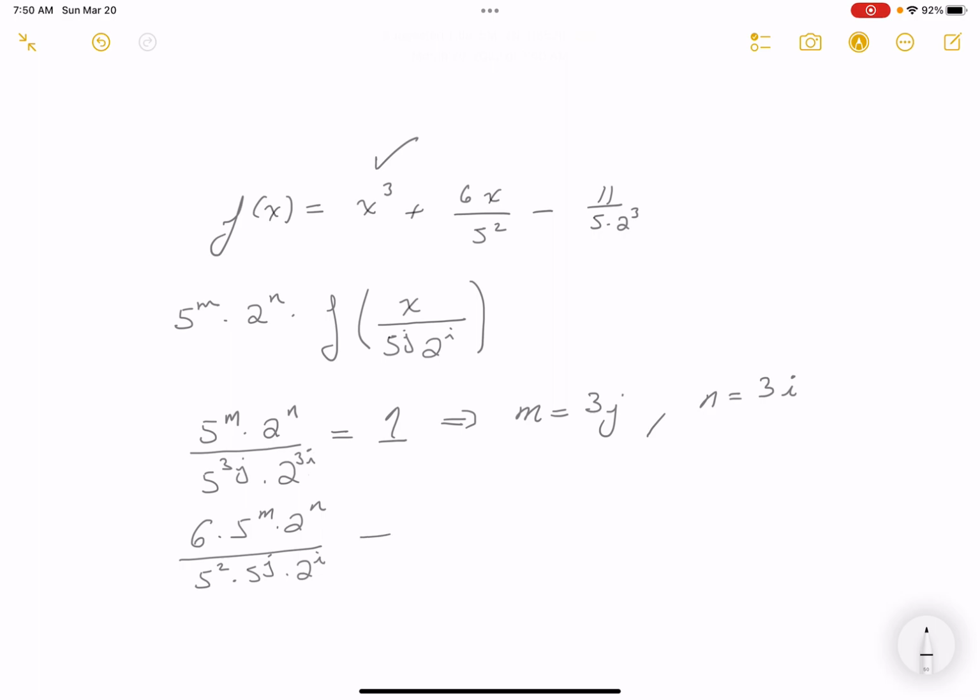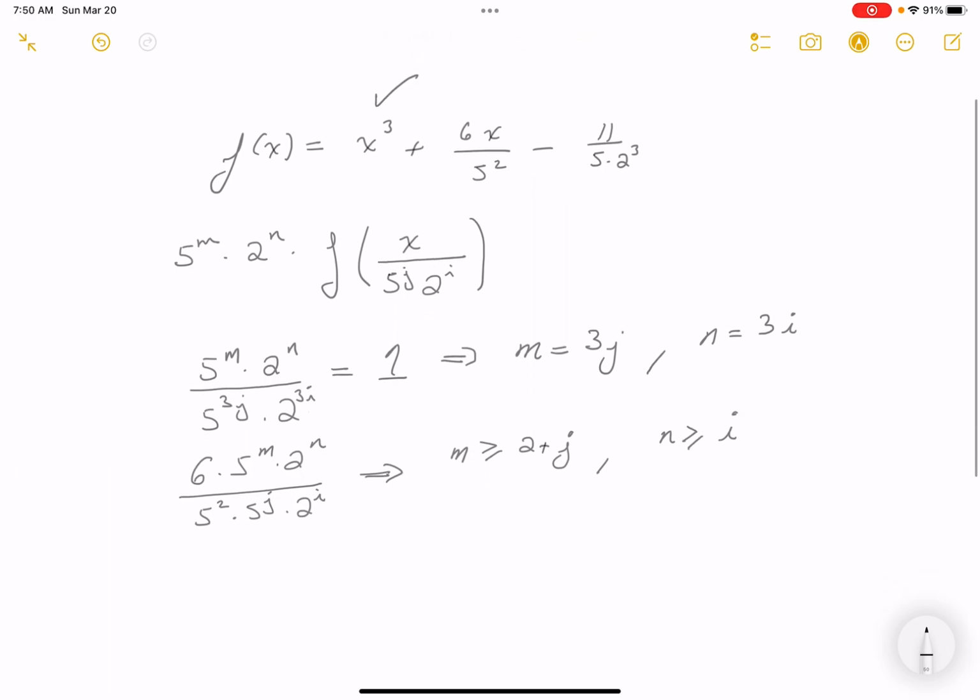So what does this tell me? Well, things have to cancel off. So I'm going to say m must be greater than or equal to 2 plus j. And the n must be greater than or equal to i for those to cancel off.